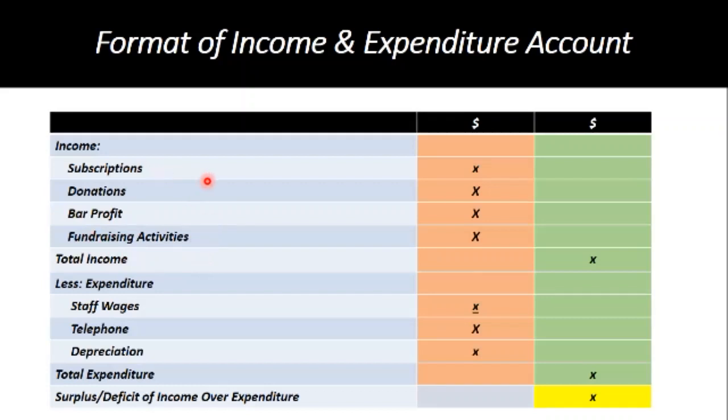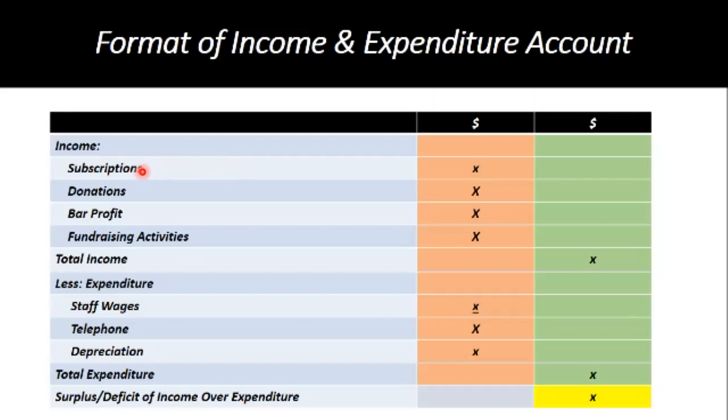But there's a difference between this and the receipts and payments account. Here the income is only what is due for the year, whether you receive it or not. I'll repeat that. The income from these items is what is due for the year, whether you receive it or not. Okay, so if people are owing subscriptions for the year, you'll still include it here.